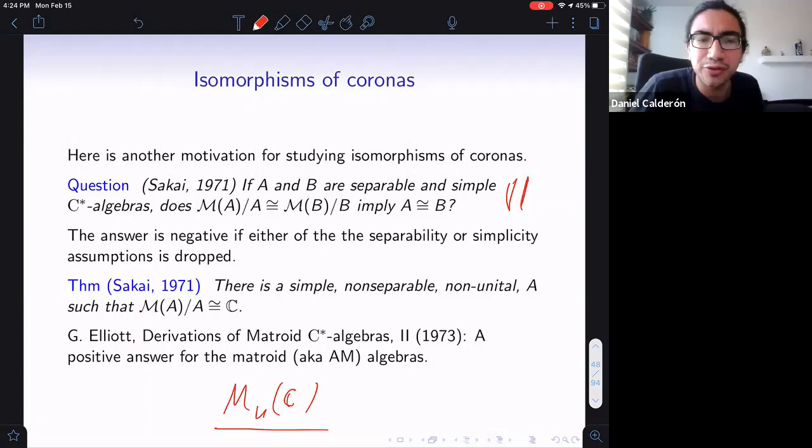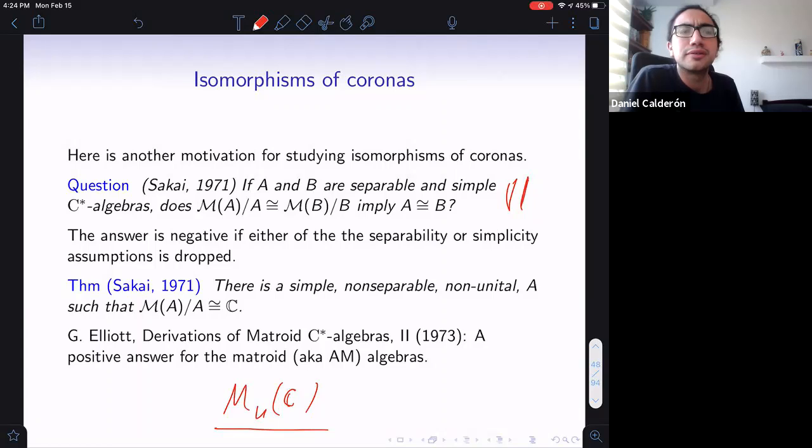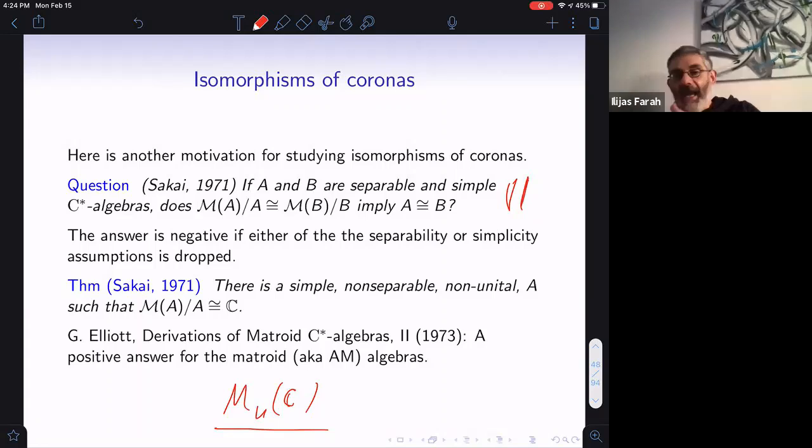Ilijas, can you repeat what is the difference between AM and UHF again, please? So UHF is unital. In the AM case, if you take, for example, compact operators, they are AM and definitely not UHF.